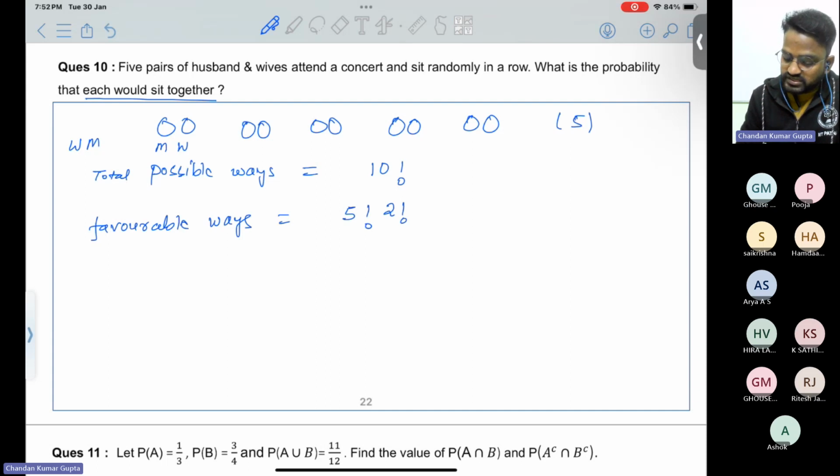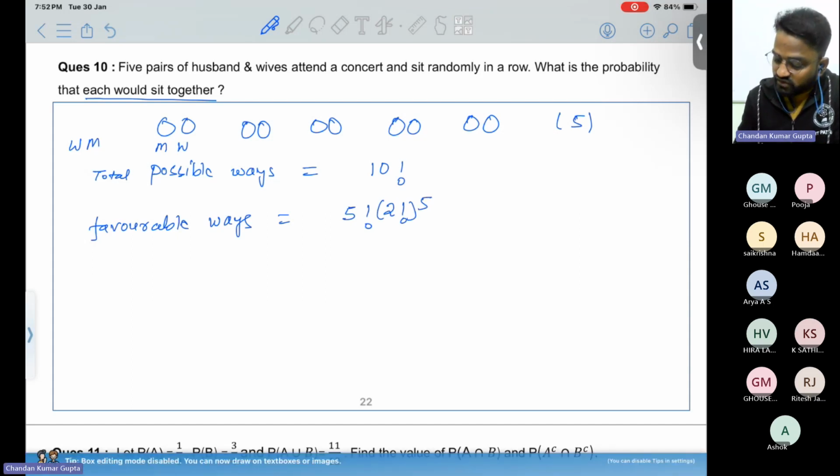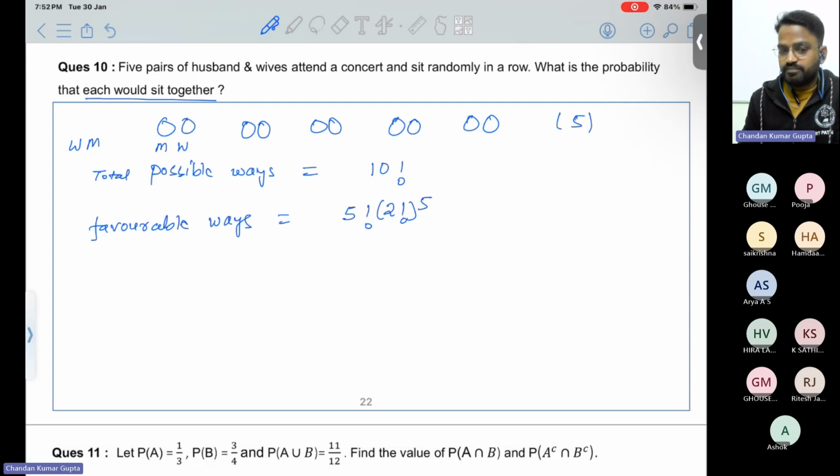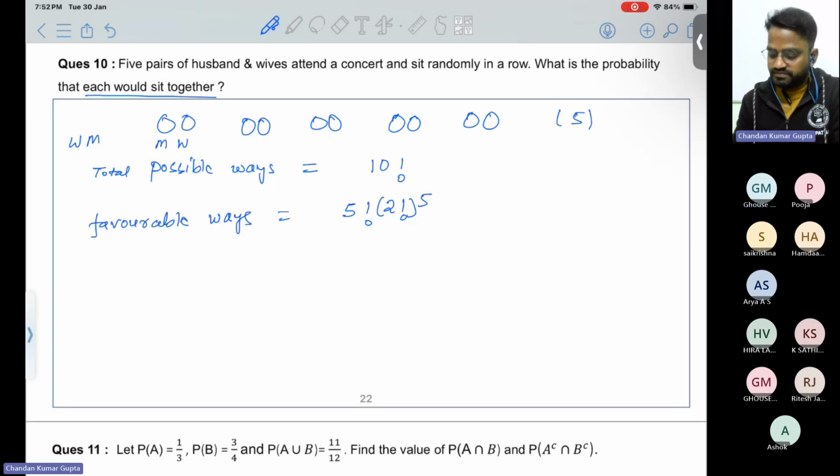And how many couples are there? 5. 1, 2, 3, 4, 5. So 2 factorial to the power 5. This is also there, so this is our favorable case. This is the total number of possible outcomes when each couple sits together, because it is not mentioned who sits right or left. Anyone can sit on any side.